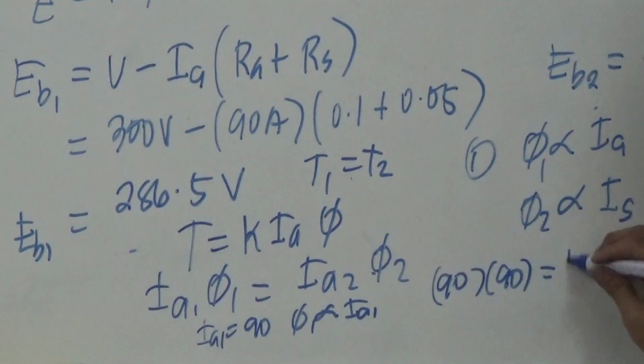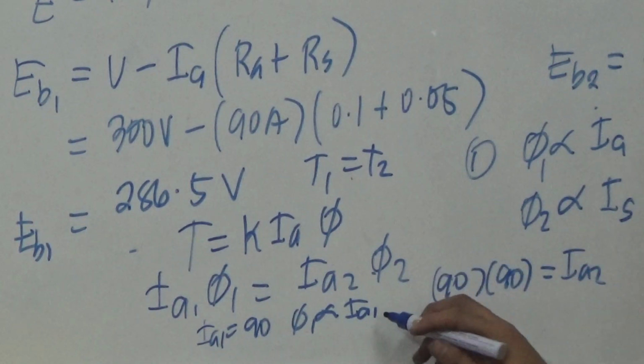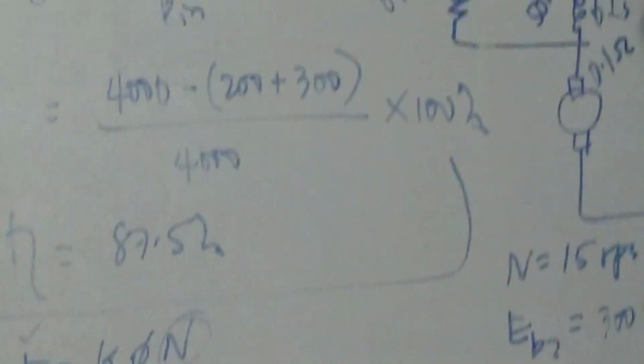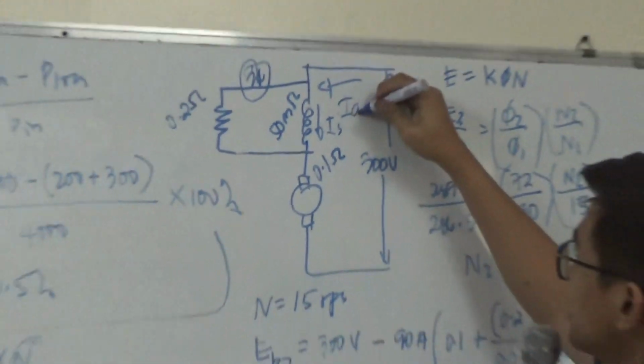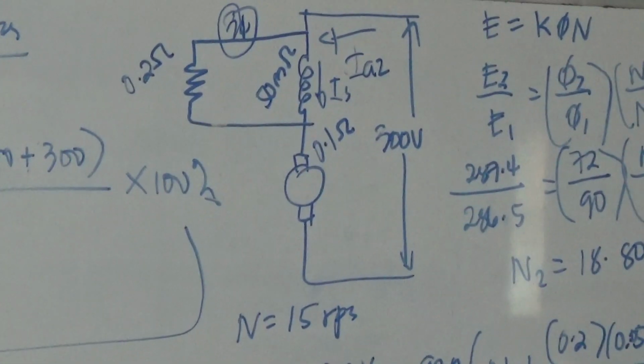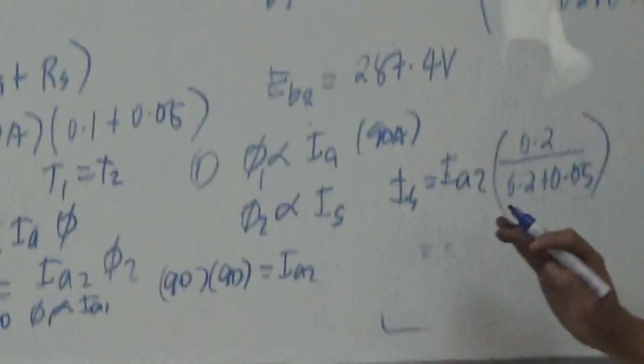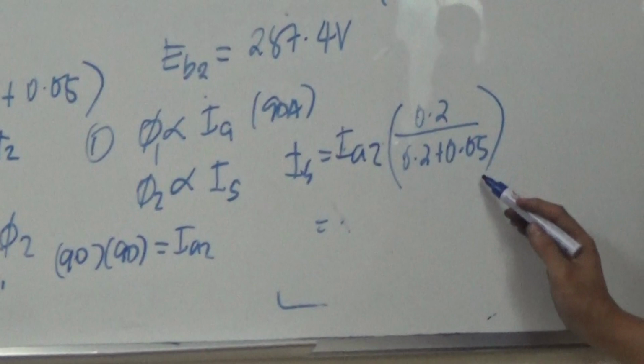Equal siya sa IA2. And sabi, the flux is proportional to the field current. So yung field current natin, let's say ito ay IA2. So ano yung magiging factor? 0.2 divided by 0.2 plus 0.05.